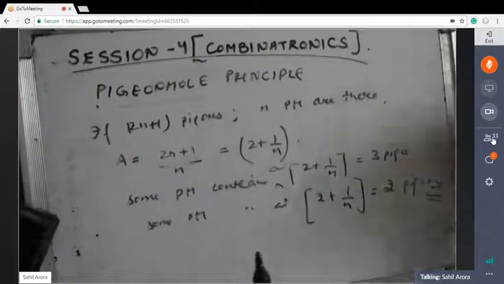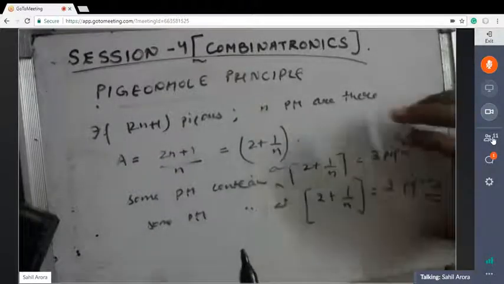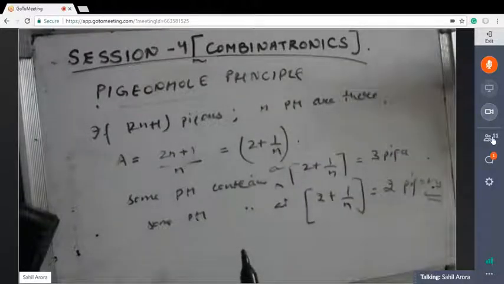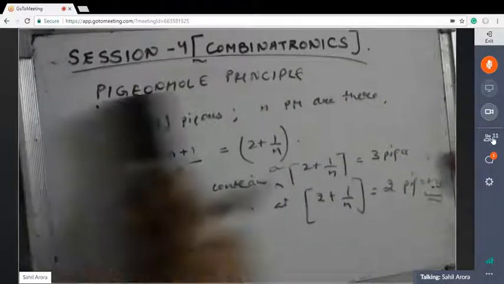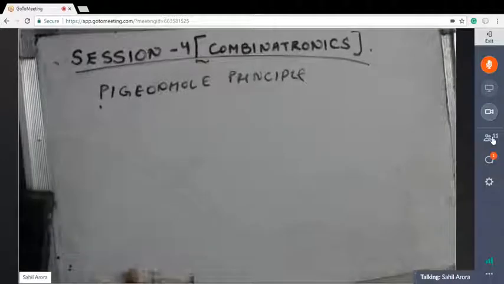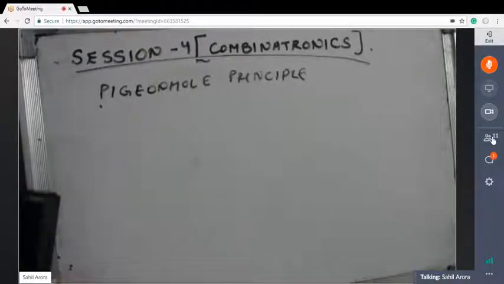So let's generalize this whole concept, and after generalizing it, we will discuss many problems on pigeonhole principle. So let's get started. Now let's generalize it and understand with the help of a very generalized concept.